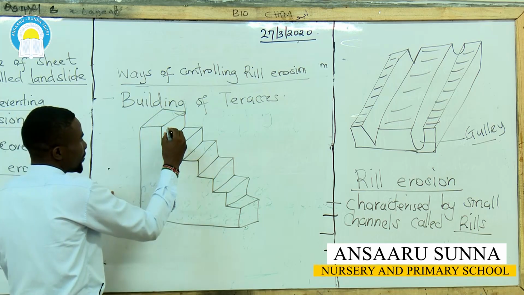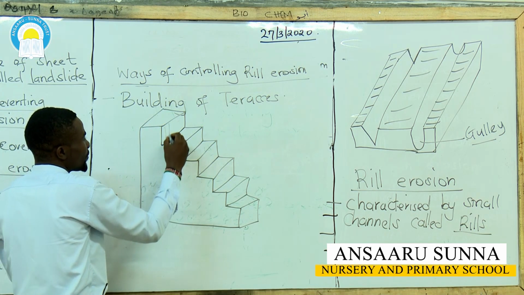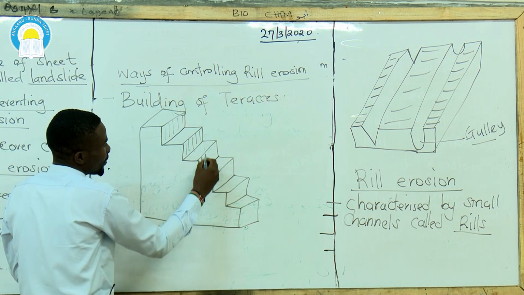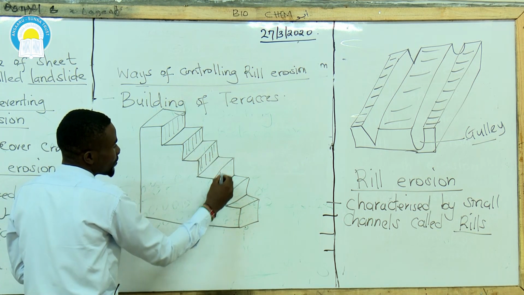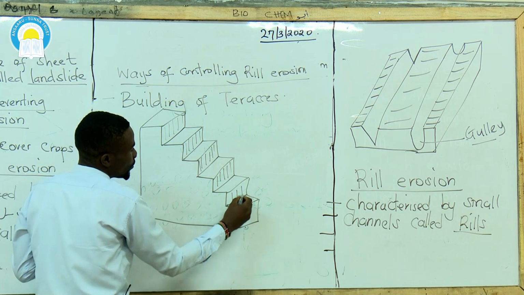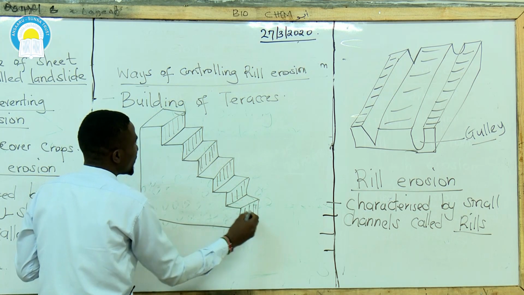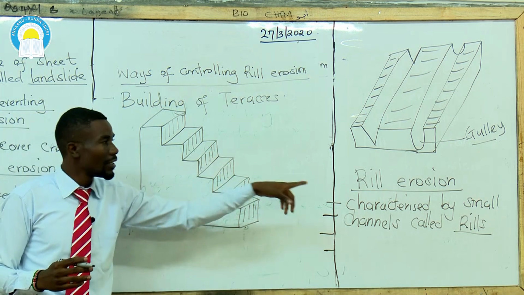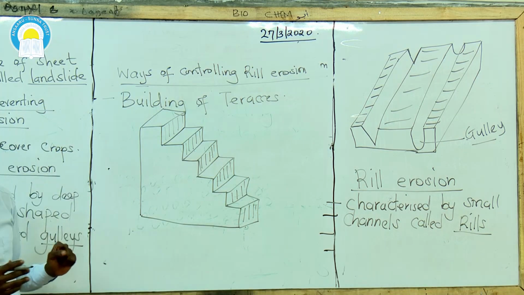Look at it. You will see that you are trying to cut the gradient of the slope. This will make the water run off slowly. Hence, we are going to reduce the occurrence of rill erosion.